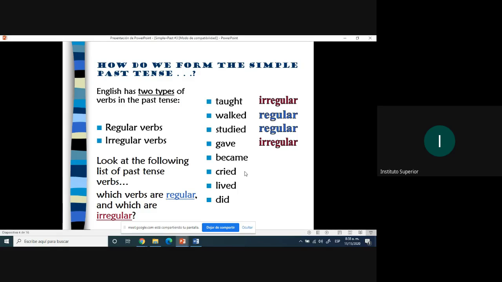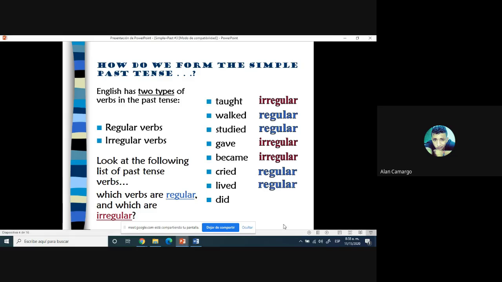What about the verb became? Irregular. Very good. Now the word cried. Regular. Yes. Pretty good. And then we have the word lived. Regular too. All right, pretty good. And the last one, did.